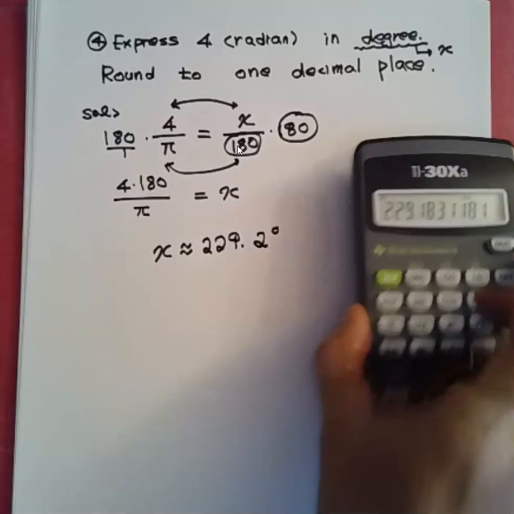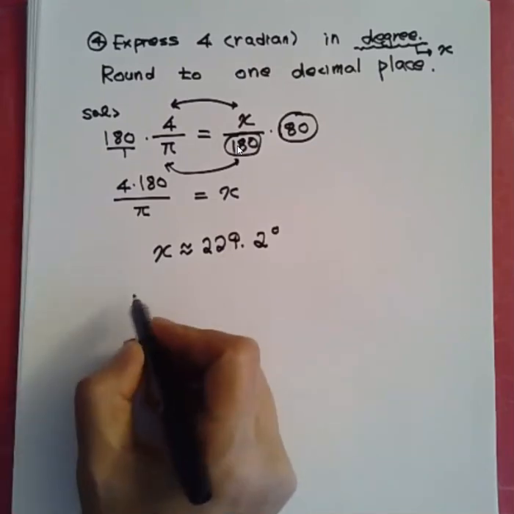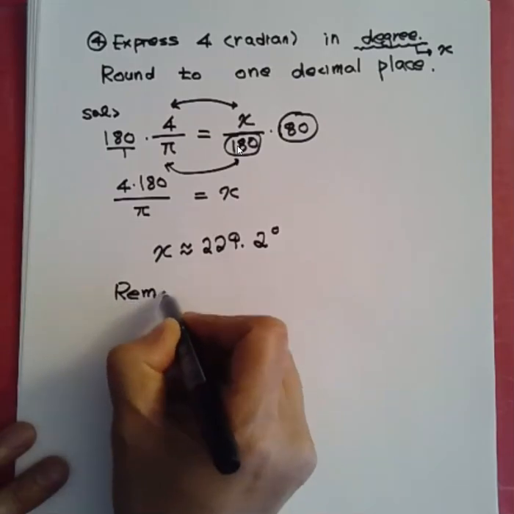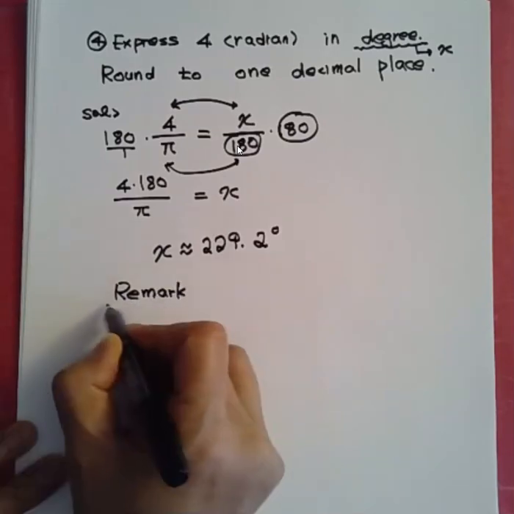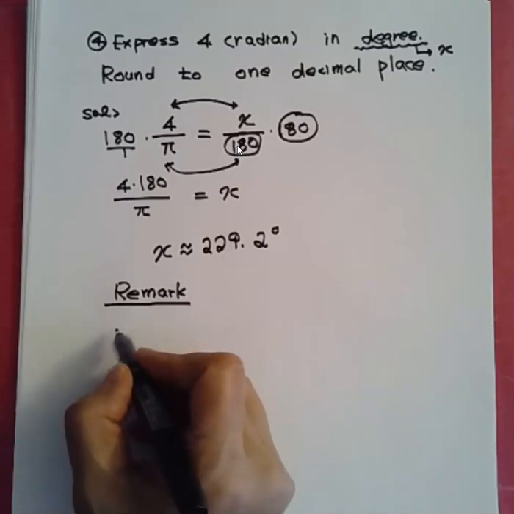We've been talking about converting degree to radian and radian to degree. There are common angles which we will use very frequently, and people usually don't think about degree conversion.